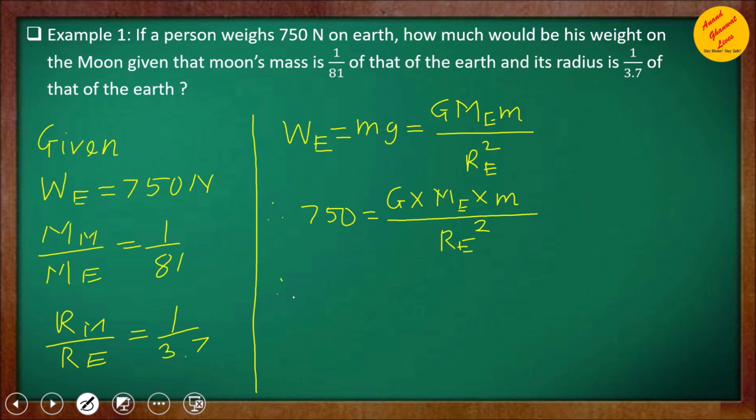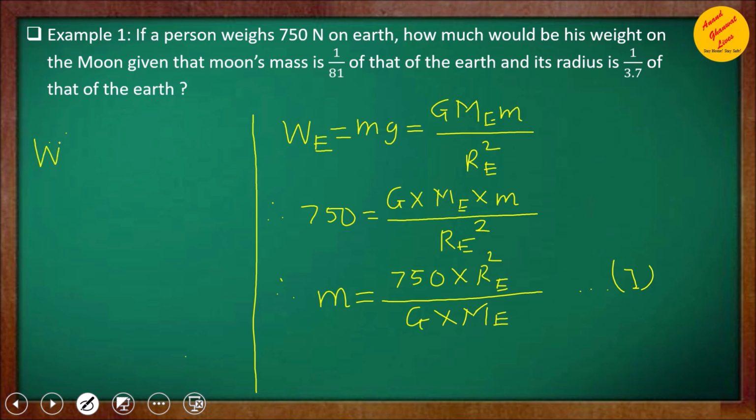Now therefore m is equal to 750 into square of Re, which means radius of the Earth, upon G into mass of the Earth. Now let us find the weight of the person on the moon.